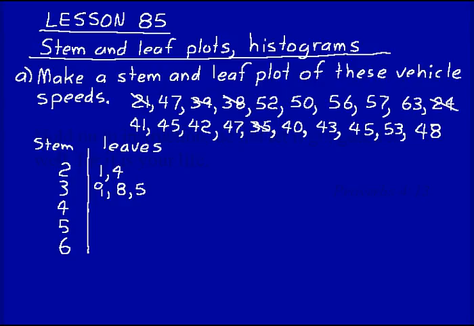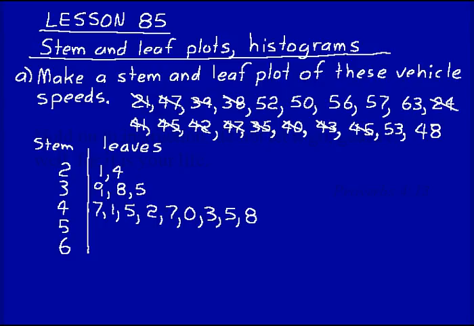Now the 4's: we have a 47. Remember we always write the second digit down, 7, that's what our leaf is anyway. Then keep going: a 41, put a 1 down, a 45, put a 5 down, a 42, put a 2 down, a 47, put a 7 down, a 40, put a 0 there, 43, put a 3 down, 45, put a 5 down, and 48, put an 8 down.